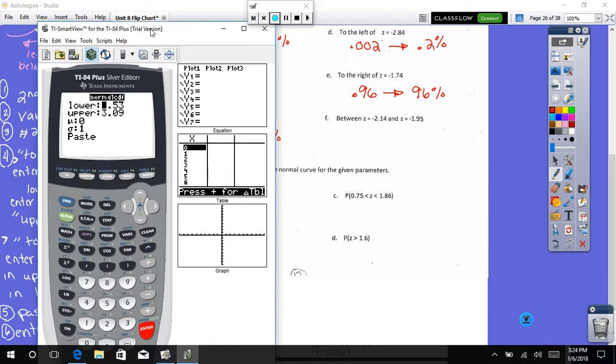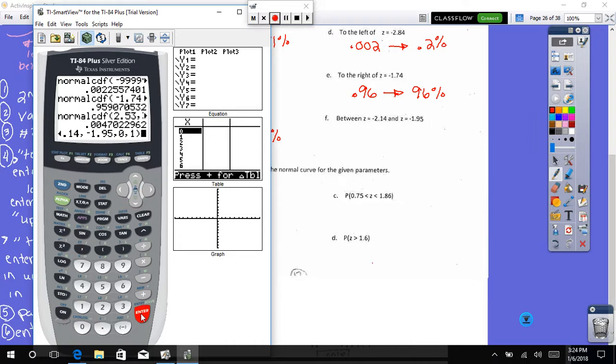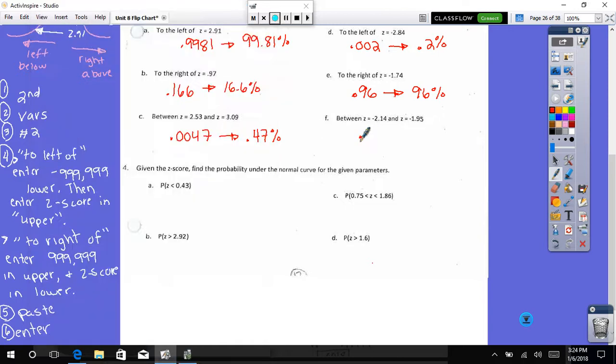My lower this time is negative 2.14, and my upper is negative 1.95. Go down to paste, hit enter, and I get 0.0094. So 0.94%, almost 1%.